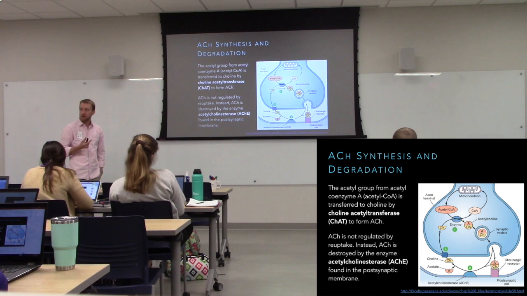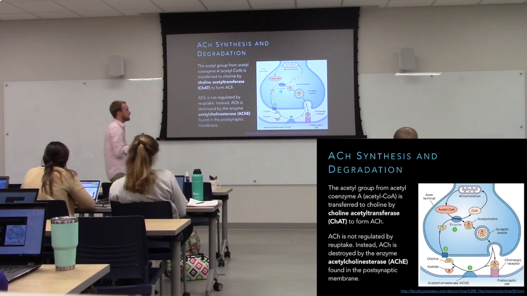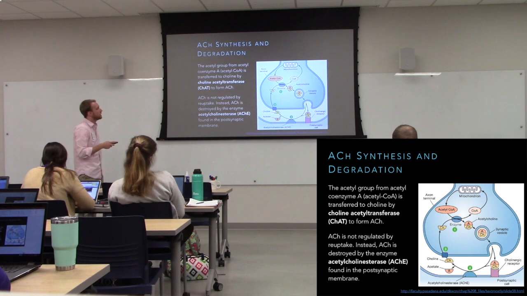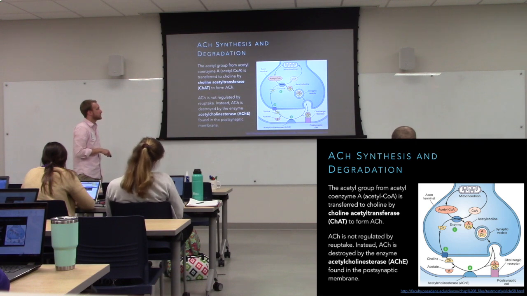So it's not an amino acid like glutamate, glycine. We're taking this metabolic substrate though, so there is that commonality between them. And then we'll package it into a vesicle, fuse it, and spit out our acetylcholine.